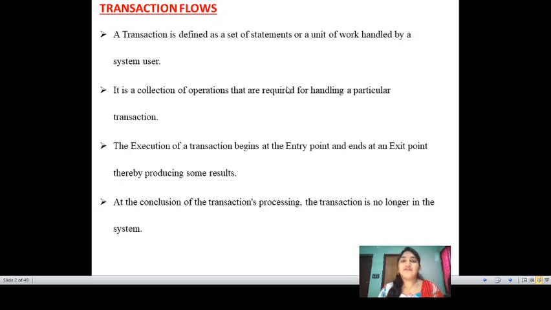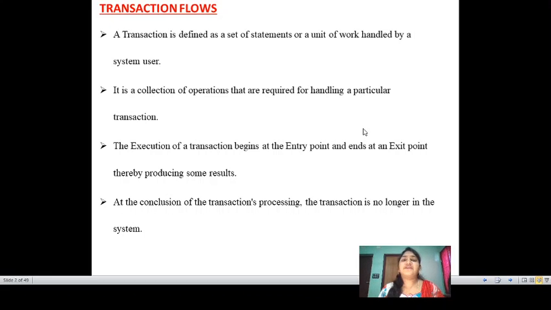These are some of the statements that define transaction flows: it is a collection of operations required for handling a particular transaction. The execution of a transaction begins at the entry point and ends at the exit point. Every transaction has an entry point and an exit point, producing some result, whether good or bad, positive or negative.